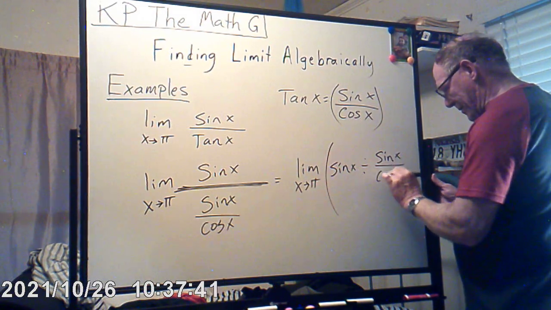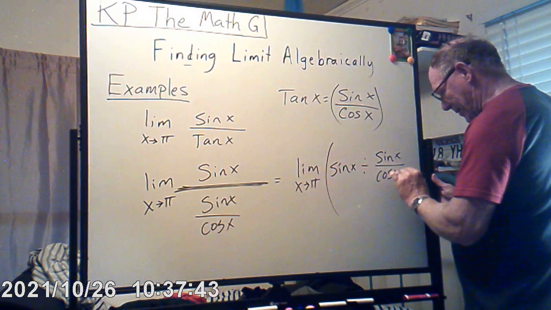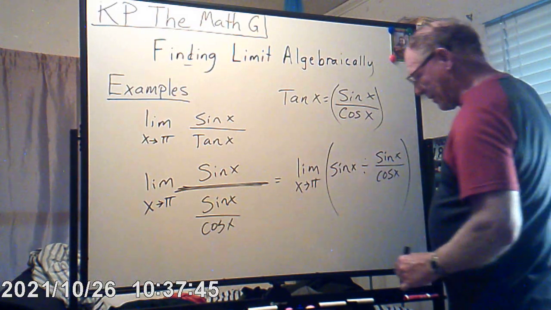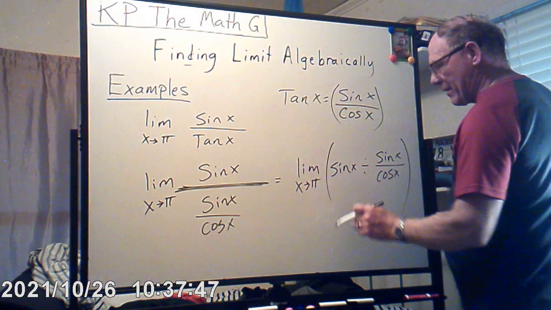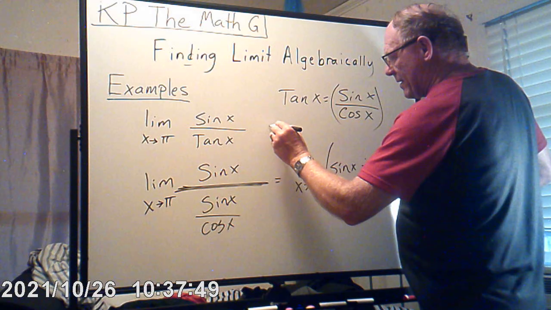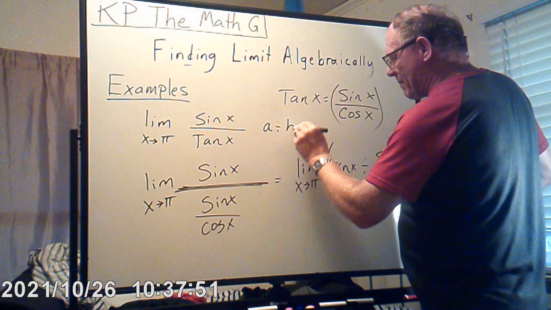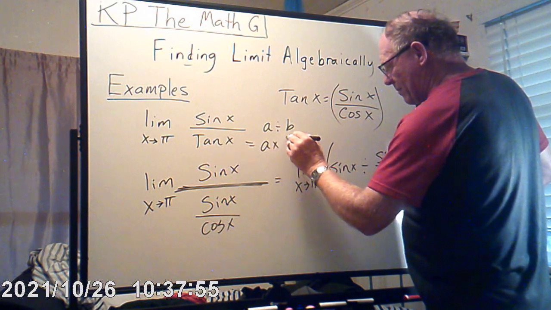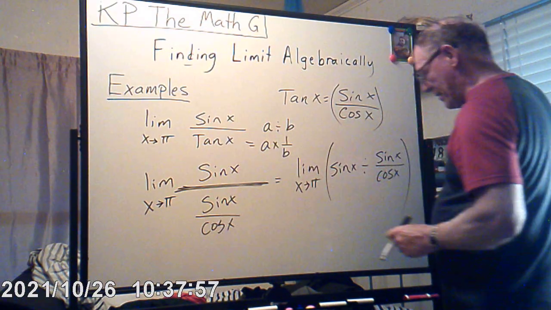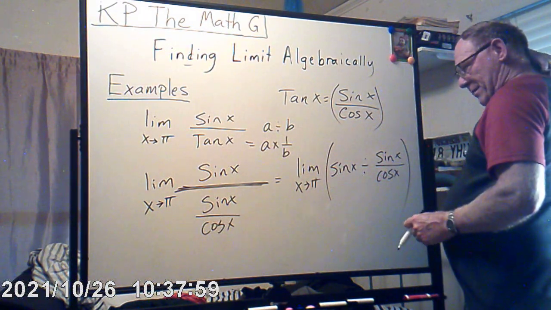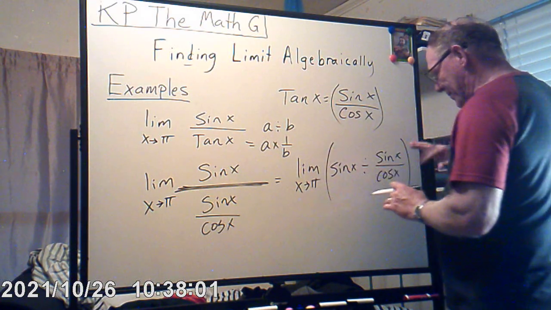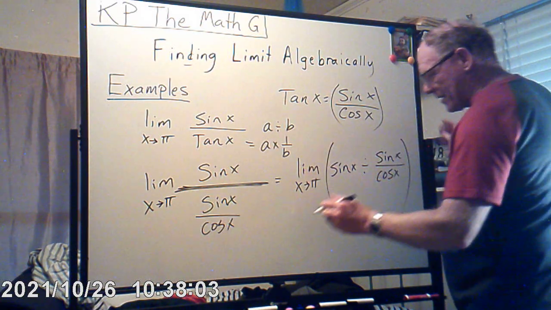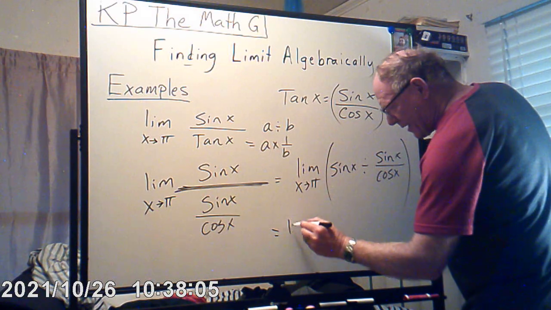I like to do it that way. There is a rule that says a divided by b is equal to a times 1 over b, and that's what we're going to do. We're going to flip that b over. Sine over cosine just becomes cosine over sine.